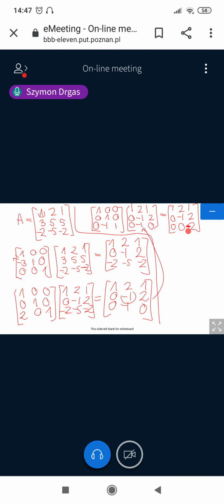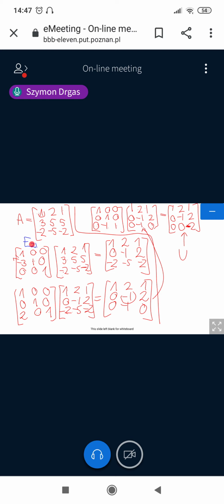Yes, so that's the upper triangular matrix that we obtained by performing these Gauss elimination steps. But this time we wrote these elimination steps using matrix notation, and we have this E21 matrix.